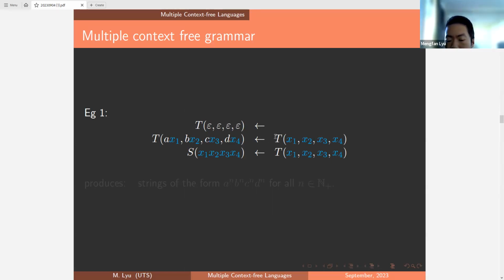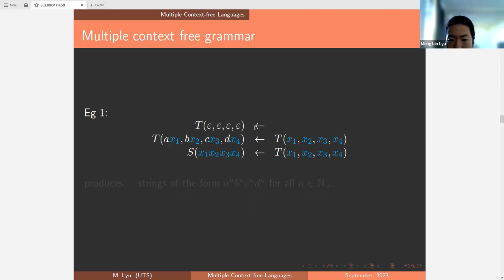And then the second rule is from T. So T of x1, x2, x3, x4 can be mapped to T of a x1, b x2, c x3, d x4, which means that we just put a, b, c, d, which are the terminal letters, into these variables. And then the last rule is from T to S, we just combine these four variables. And then S is the final result.